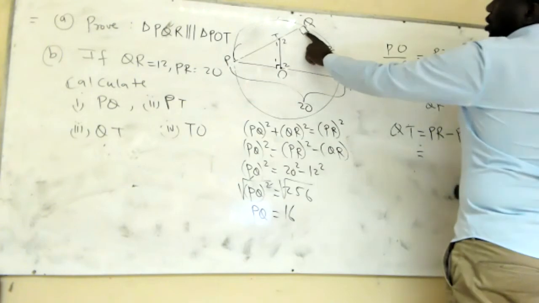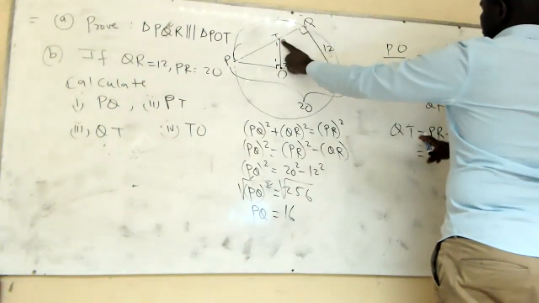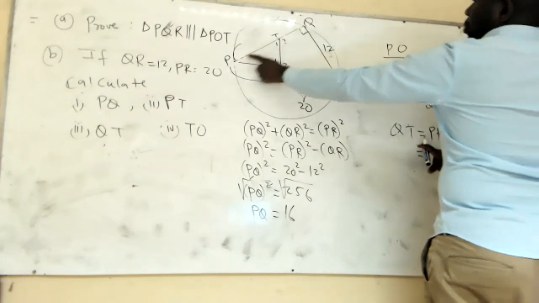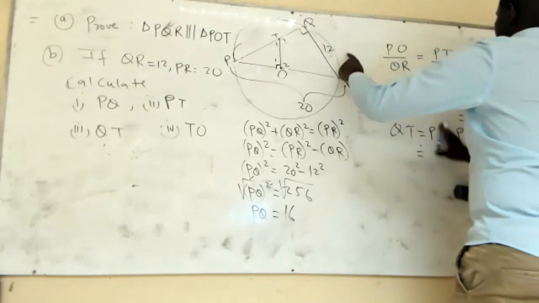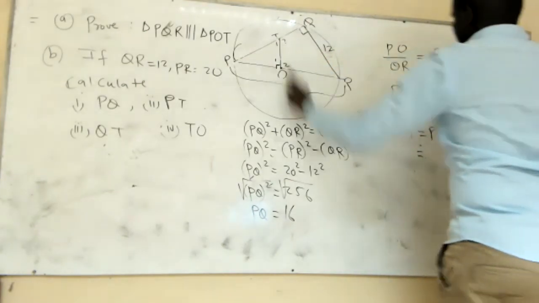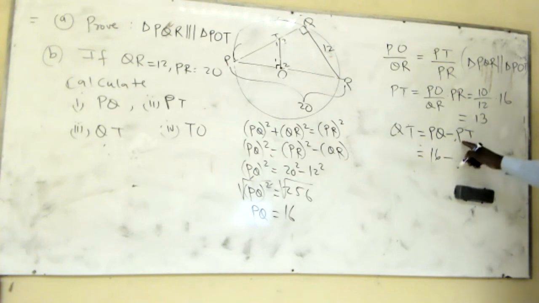Okay, let me check it again. Is QT equal to PQ minus PT? Yes. And then PQ is given as 16 minus PT.